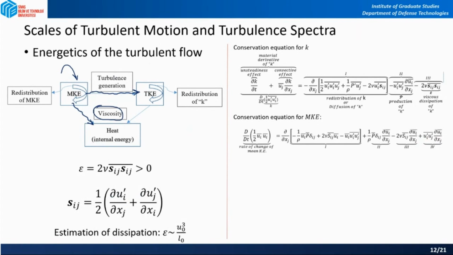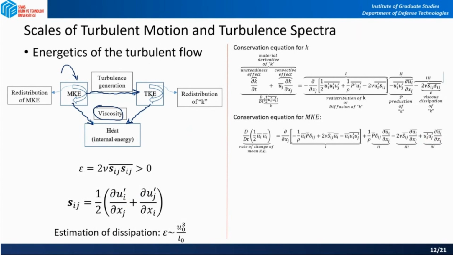If it goes to turbulence generation, you will have turbulent kinetic energy. So turbulent kinetic energy sucks in energy from this second way, but it can lose its energy only due to viscosity. Everything goes to heat.